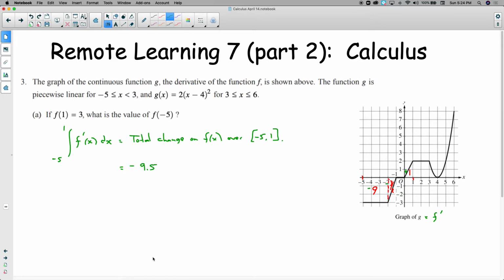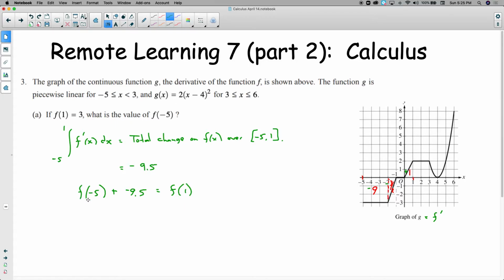Okay, so what we have is that the value of the function at -5, which is left of the value of f of 1, we would add to that the value that is the net change between -5 and 1, and then we would get the value of the function at 1.